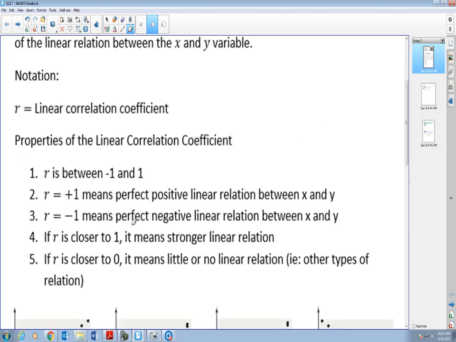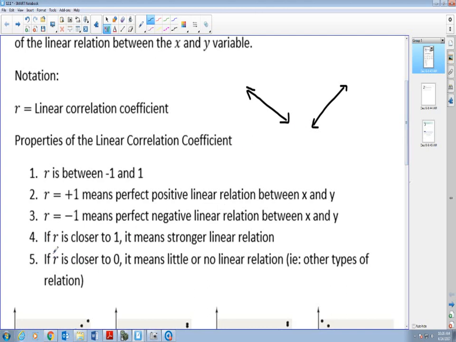All right, -1 just means we have a negative linear relationship, simply referring to my straight line having a negative slope. +1 means perfect positive linear relationship or positive slope, where my straight line will go through every single data entry.